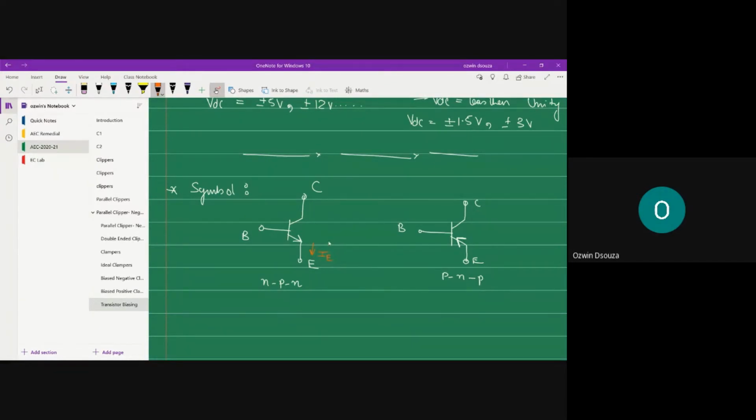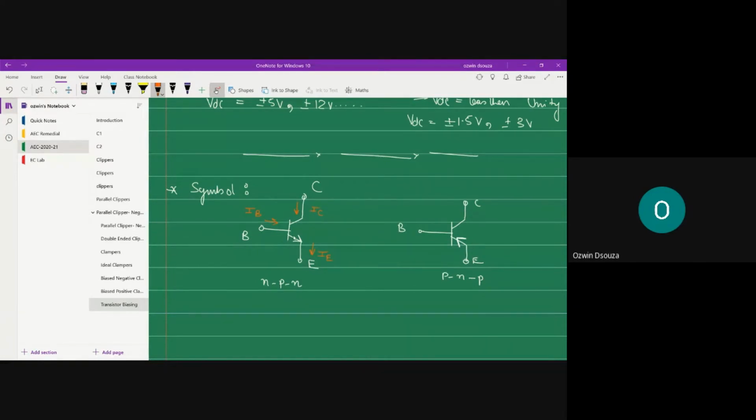In a transistor, the emitter current is equal to the summation of the remaining two currents. If the emitter current has to be outbound, then the remaining two currents need to be inbound. So this is base and this is collector.